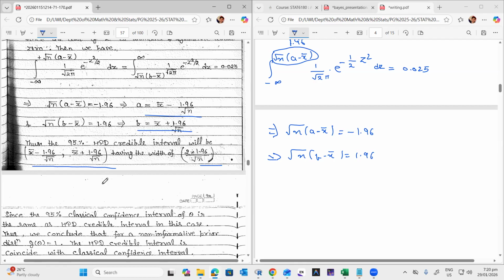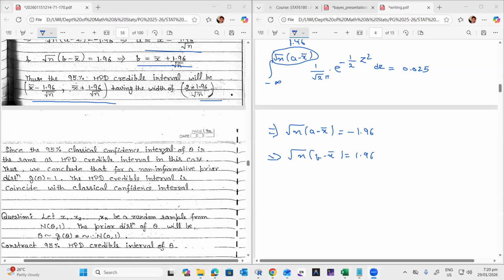All right, if you just see this one, this is similar to your confidence interval of the normal distribution, yes or no? Right now your credible interval is equal to your confidence interval or not? You have the similar confidence interval, right? So this is happening because of the non-informative prior.